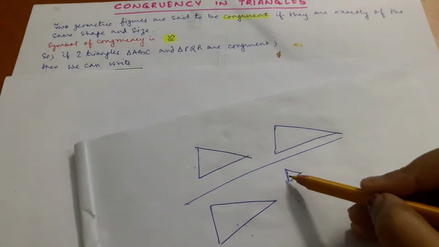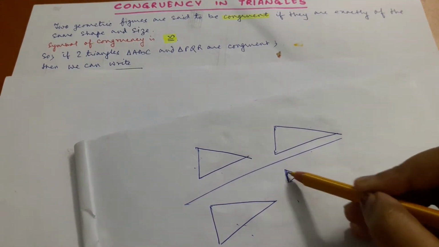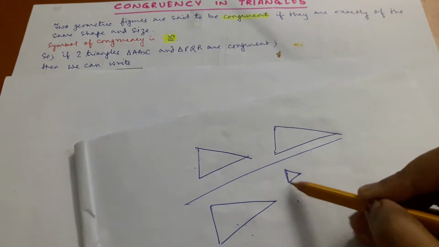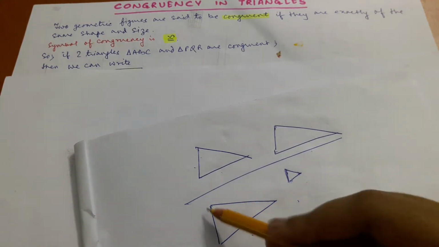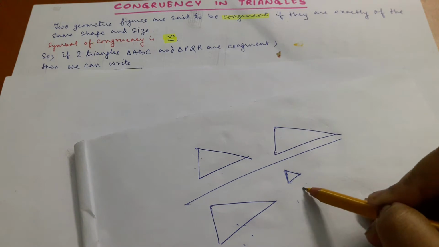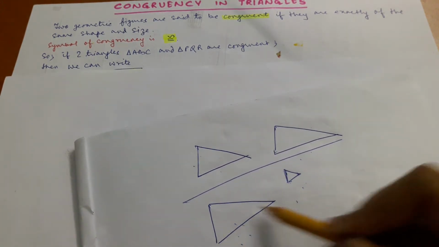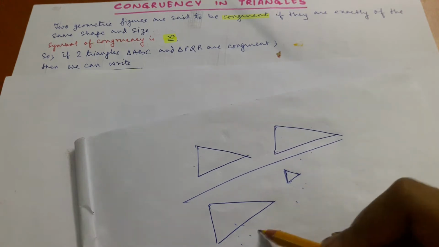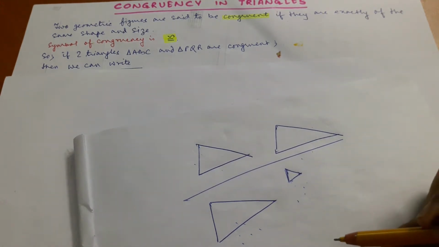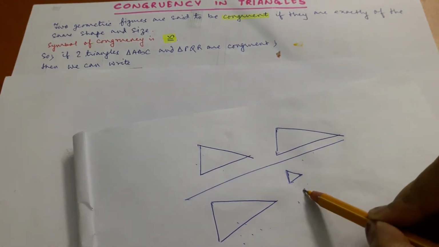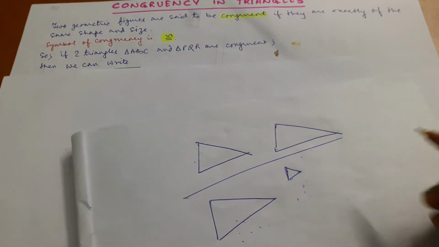No. Because all three sides of this one are so small, and all three sides of this one are much larger. In comparison to this triangle, the sides of this triangle are so much larger. So these two triangles can never be superimposable. That means these two triangles are not congruent.